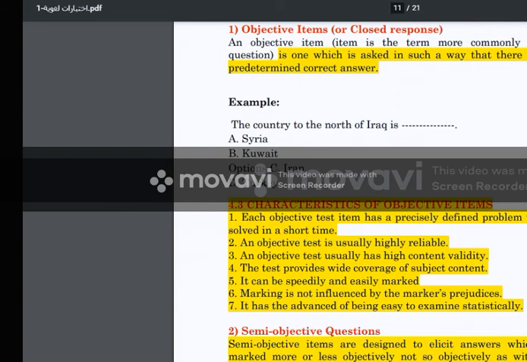Number seven, it has the advantage of being easy to examine statistically. We can easily transfer the students' answers to these tests to another computer machine for statistical analysis.